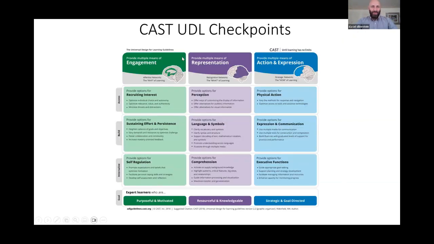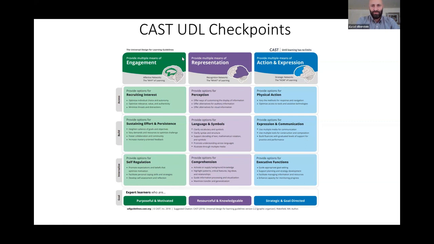And when you think about UDL, and I'm sure you guys have all seen the CAST guidelines or checkpoints, there's a lot of places where reading comes in, especially in the multiple means of representation, right? Is it within the perception, like their ability to actually access the text and how we can modify or change the way the text looks to support the students in their reading?